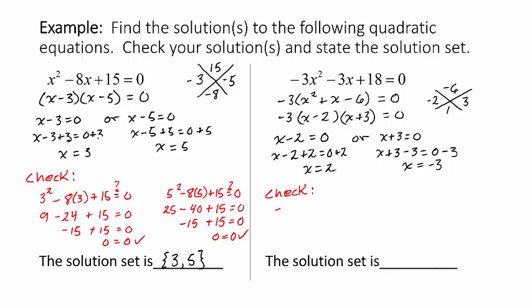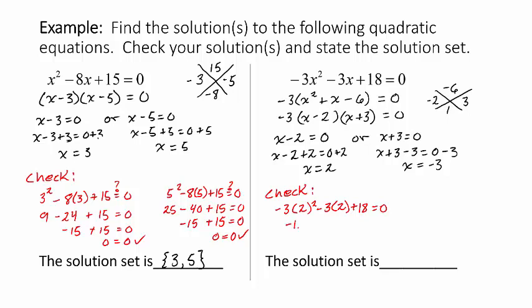So into the original equation, I'm going to put 2 in, x equal 2. So -3 times 2 squared minus 3 times 2 plus 18 equals 0. So -3 times 4, right, 2 squared is 4.